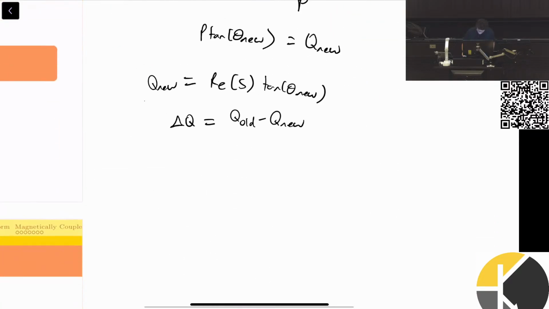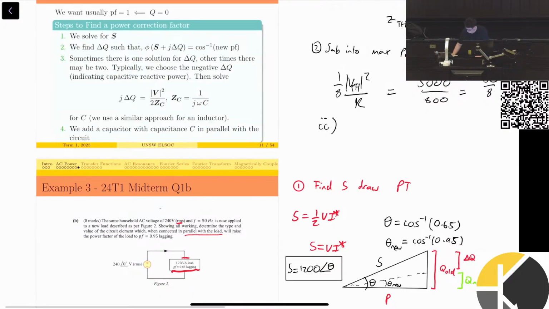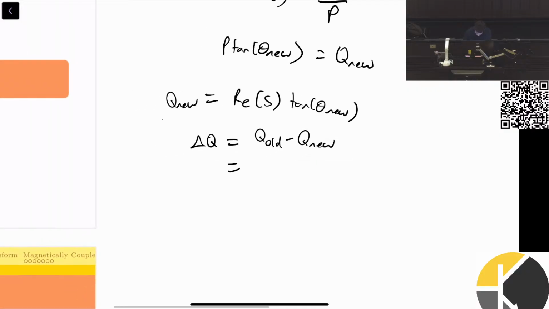And from that, because we have delta Q, we can use the next step. I don't have any of the actual values on, so I'll just write the expression.